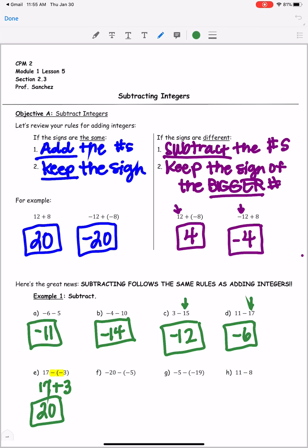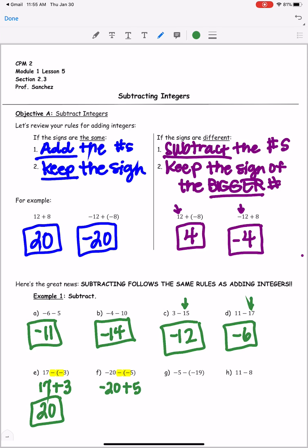F, we got some cleaning up to do. We got that double negative again. So this becomes negative 20 plus 5. So do I have same signs or different signs? Well, we have a negative 20 and a positive 5. So I've got different signs.